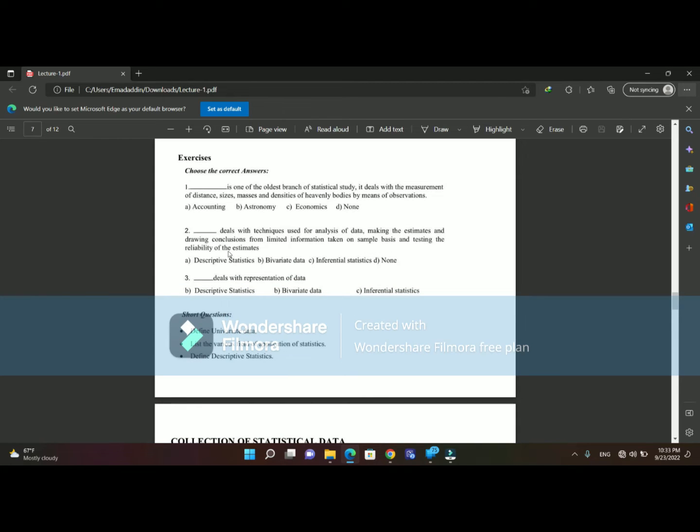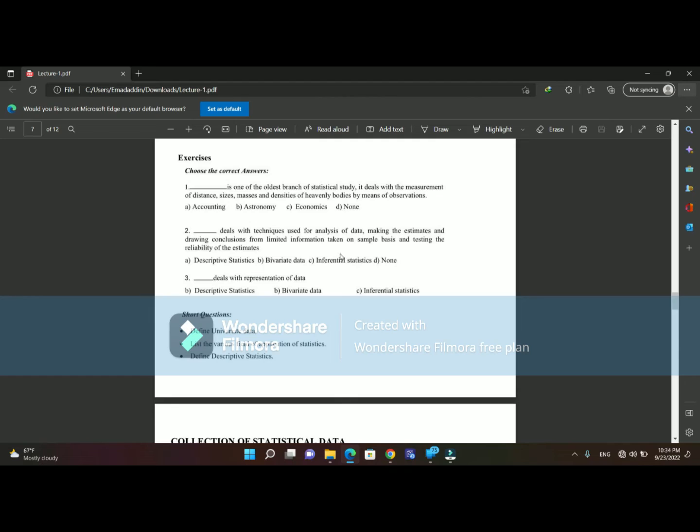The second one: dash deals with the techniques used for analysis of data, making estimates and drawing conclusions from limited information on a sample basis and testing the reliability of the estimates. Descriptive statistics, private statistics, or inferential statistics. Which one?